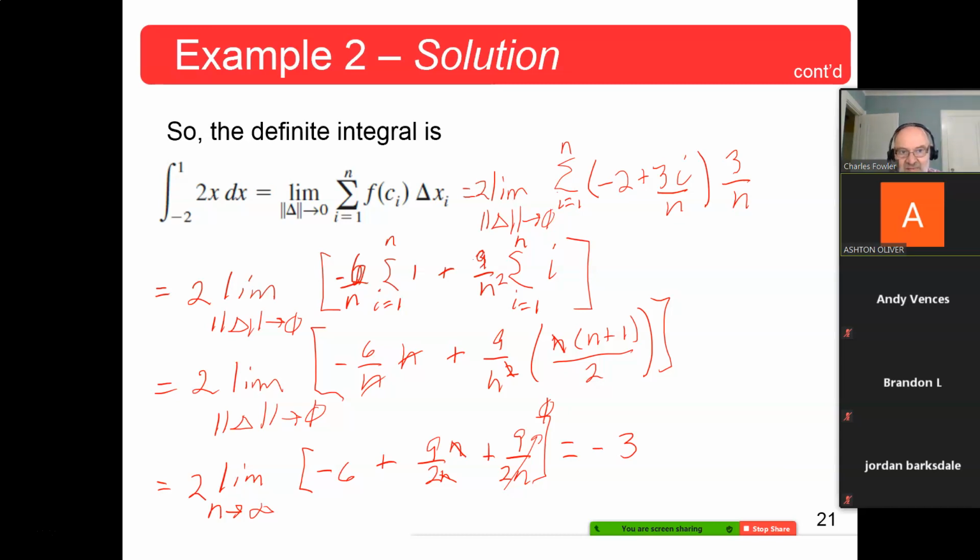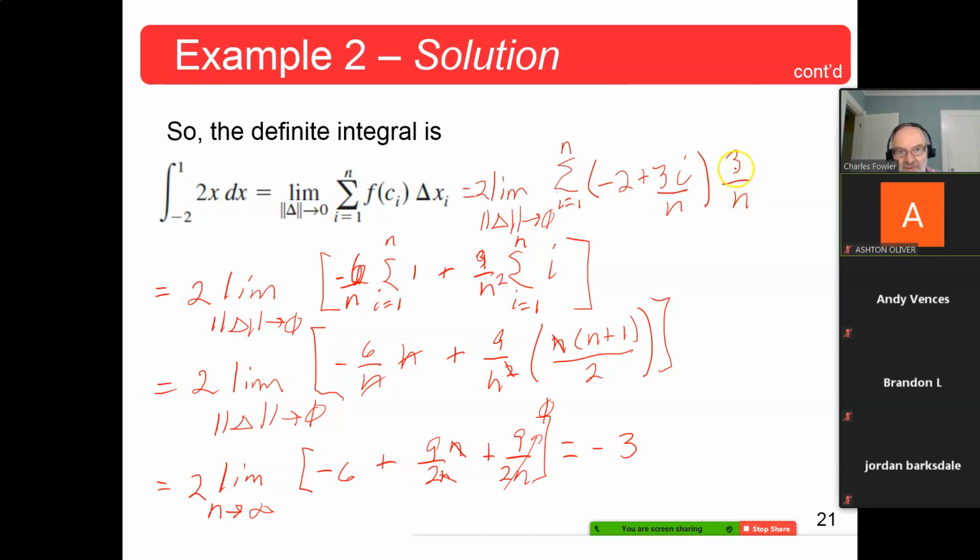On the second step, how did you get negative 6 over n? I got stuck right there. Okay. Right up here, it was 2 times the limit, and so on. Now, in this one, what we had was a summation i equals 1 to n of negative 2 times 3 over n.